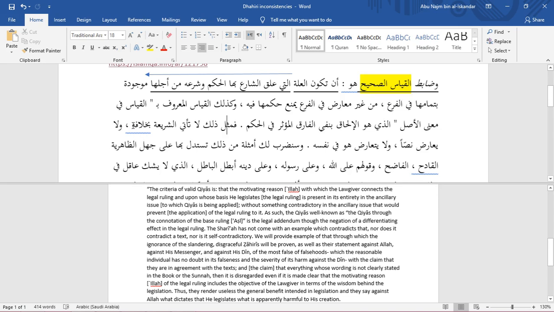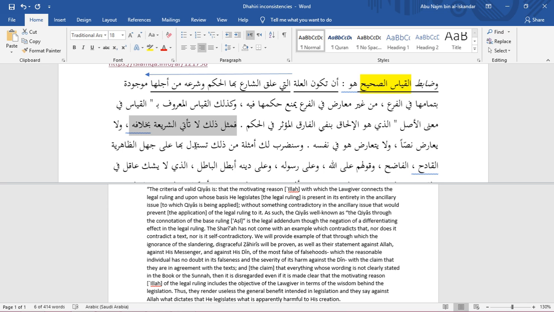So you're not going to find a situation in valid qiyas that's applied by the mujtahideen scholars where they applied the legal ruling from one situation to a second situation and it fulfilled these criteria, but that the Sharia says no, don't do this.